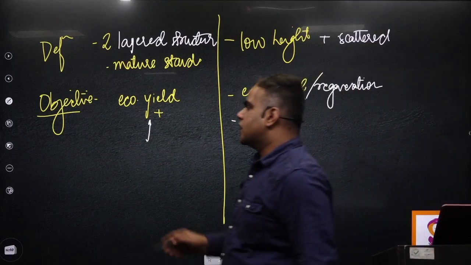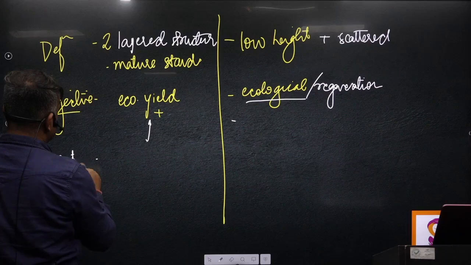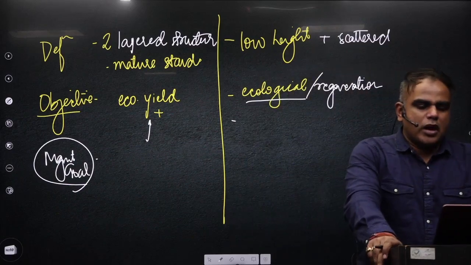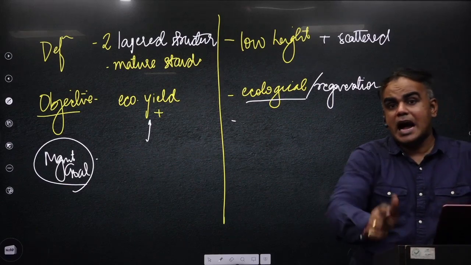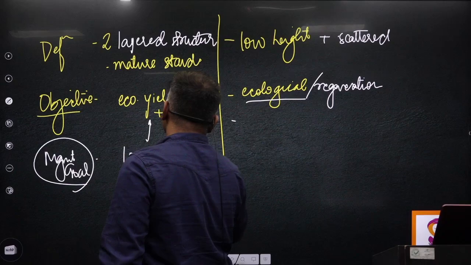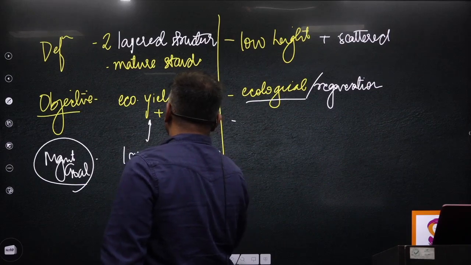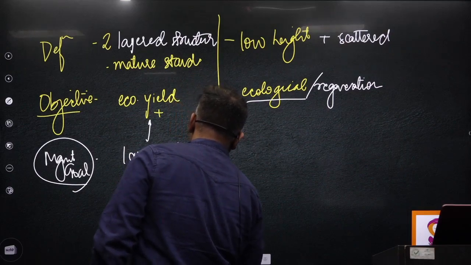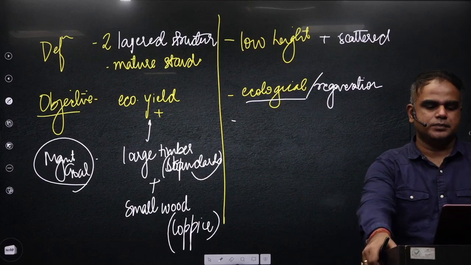So the overall management goal, in one line we can say, is production of small wood from coppice, plus large timber from standards. This is how you can attempt to mention this.